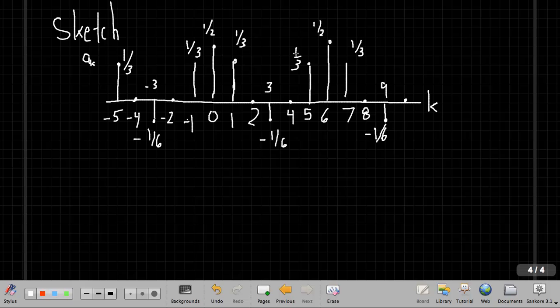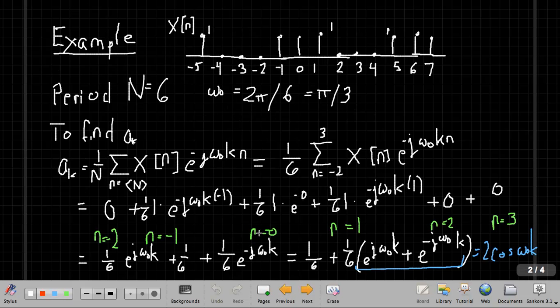And again, this is like a recipe that tells me how much of each frequency, basically multiples of omega naught, so how much of omega naught, 2 omega naught, 3 omega naught, 4 omega naught, 5 omega naught I need to mix in to make that square wave that I started with 2 pages ago. So it looks like this.